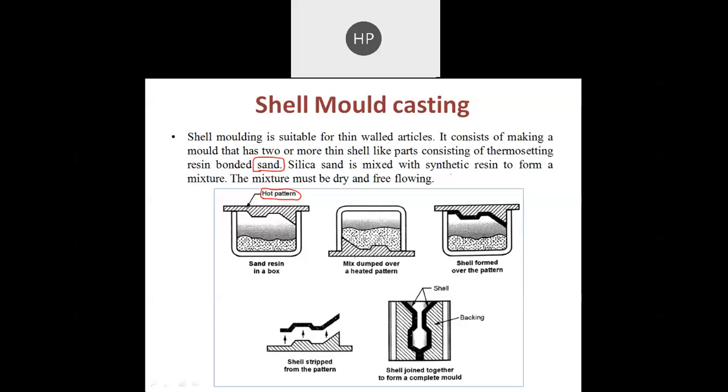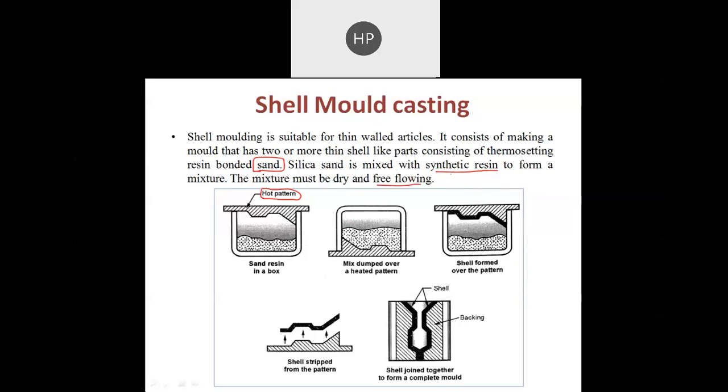Now here the steps are shown. In the first step we have this box, and in that box we have sand, but that sand is mixed with a resin. The sand and the resin are mixed in such a way that the sand is free flowing.